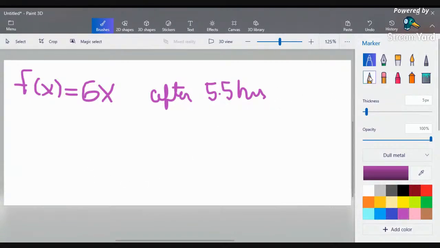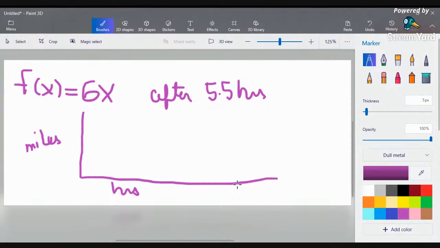Okay, so let's start first with the first question. So we have to draw that. Number of miles. That's number of hours. Okay, so this is the y-axis.